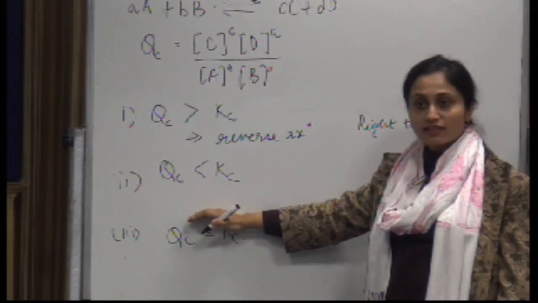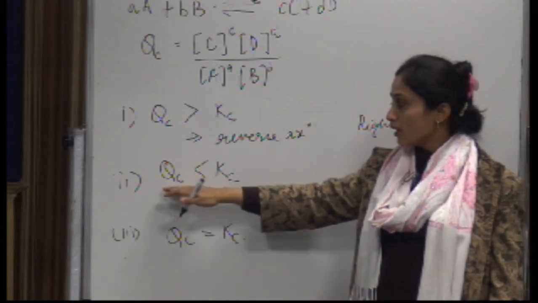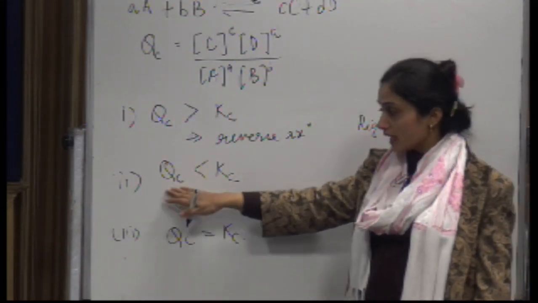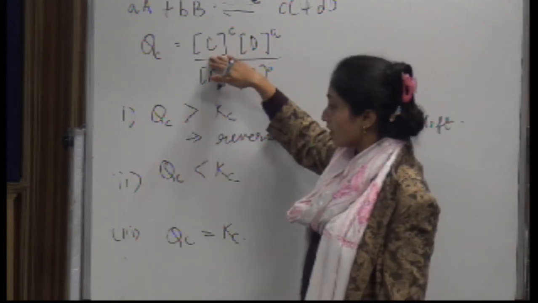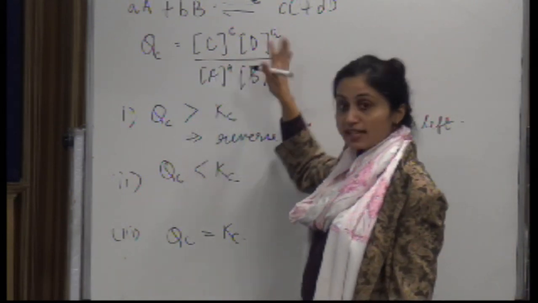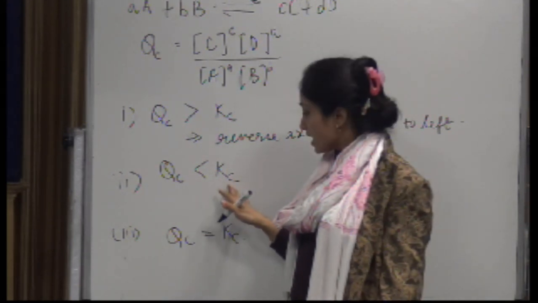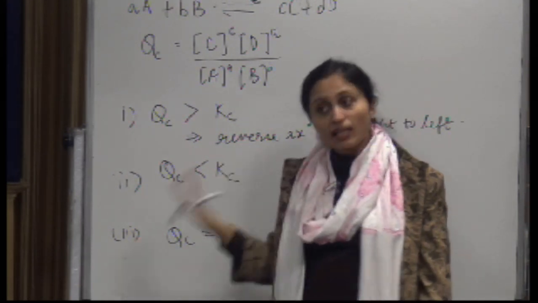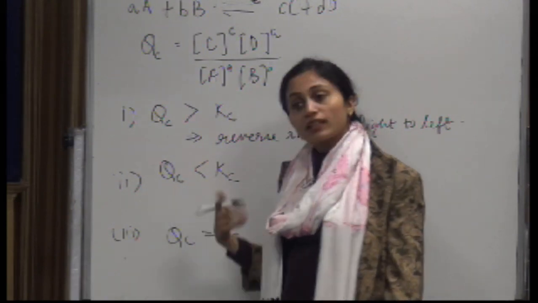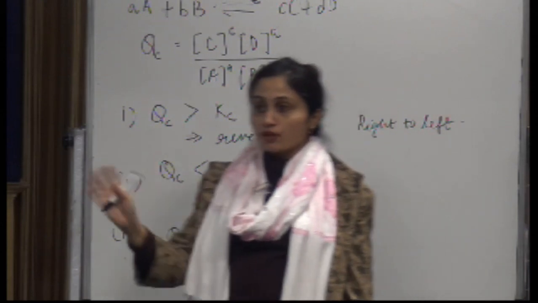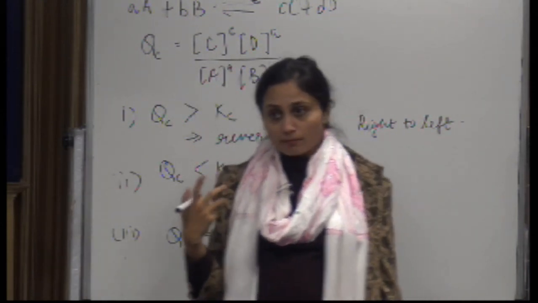Let's come to the next case and maybe it becomes better. Qc at any concentration. So this means that right now the concentration of the products is less than the concentrations at equilibrium, because the concentrations in Kc are all the equilibrium ones, while these are of some other state, and from that we are deciding whether we have to go in the forward direction or come back in the backward direction.